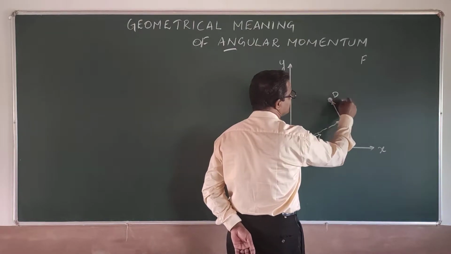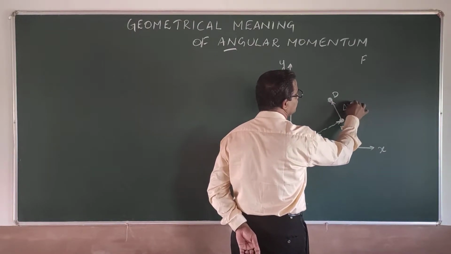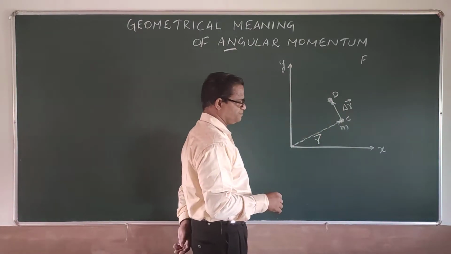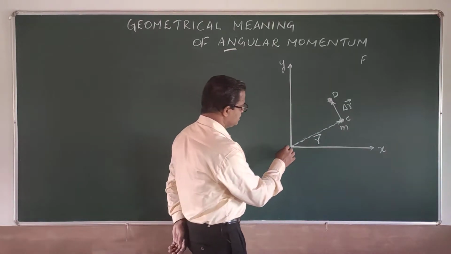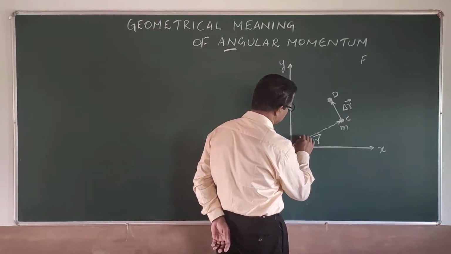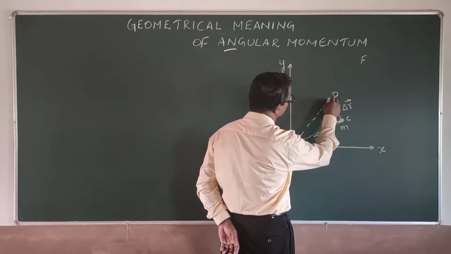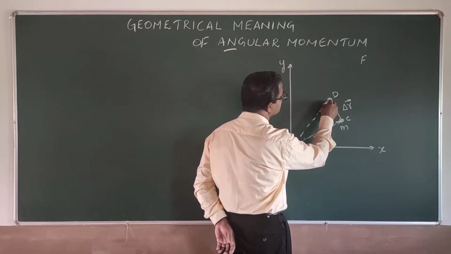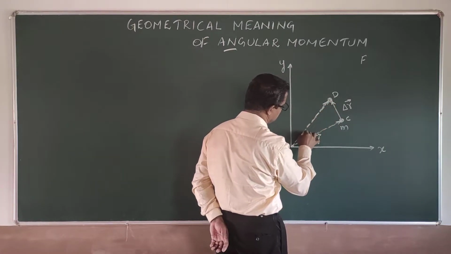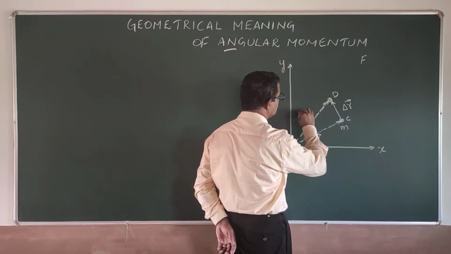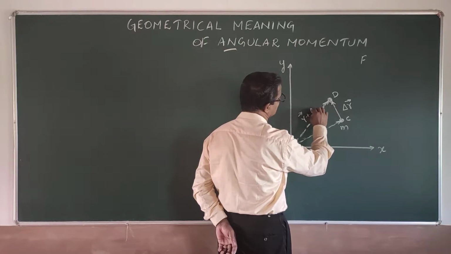This displacement is very small, let it be delta r, such that the new position vector is r plus delta r.